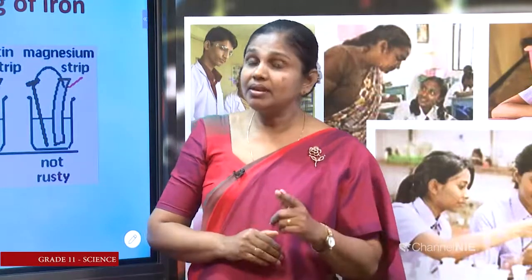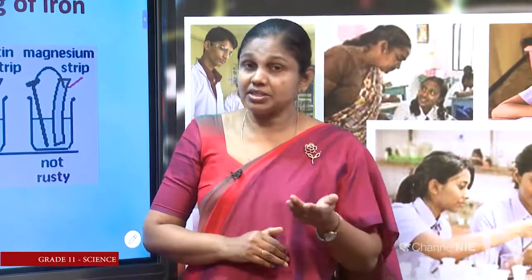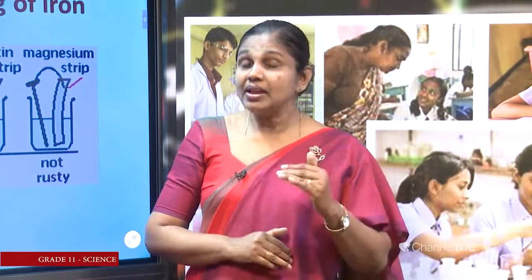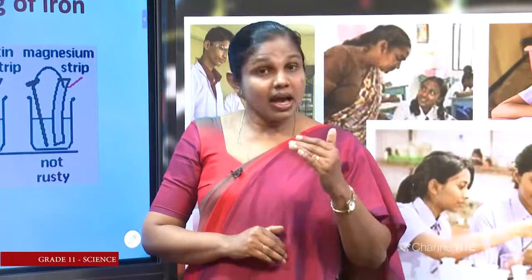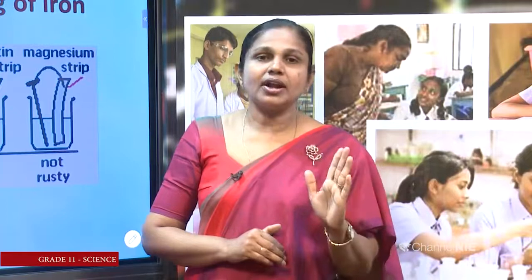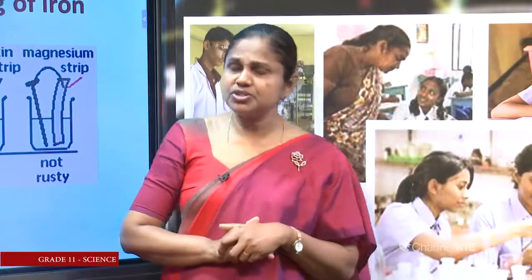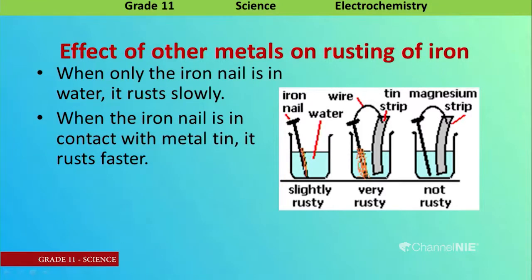Right, children? When the iron nail is in contact with a metal less reactive than iron in the activity series, like copper or lead, then the iron nail starts to oxidize first and the other metals do not oxidize. This can be proved by an experiment, children. Look here, right? When only the iron nail is in water, it rusts slowly. When the iron nail is in contact with metal tin, it rusts faster.